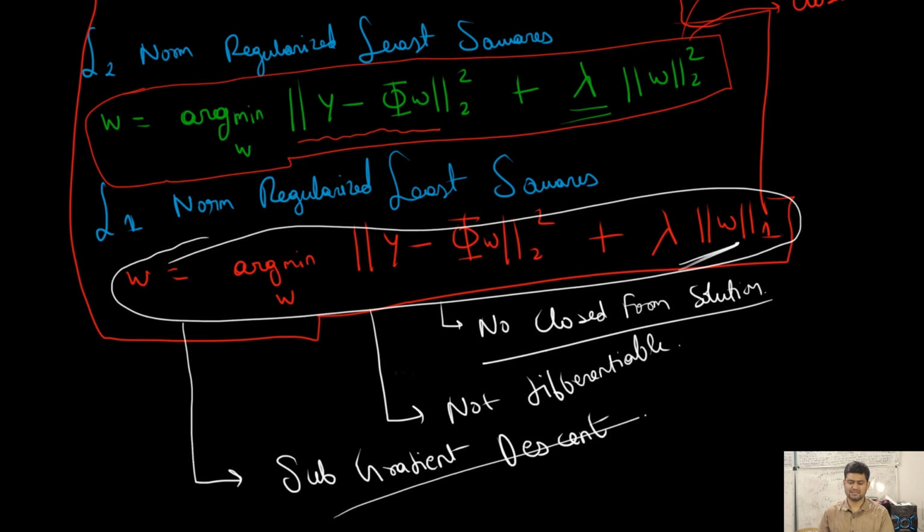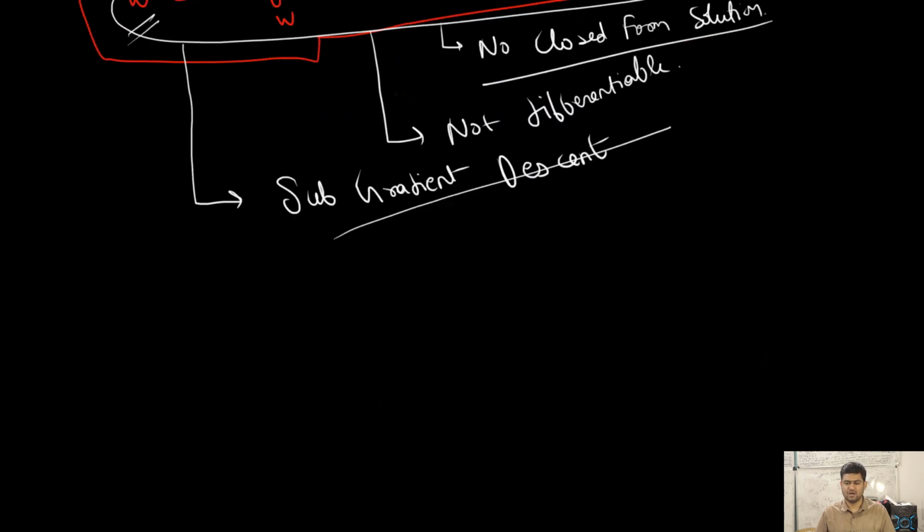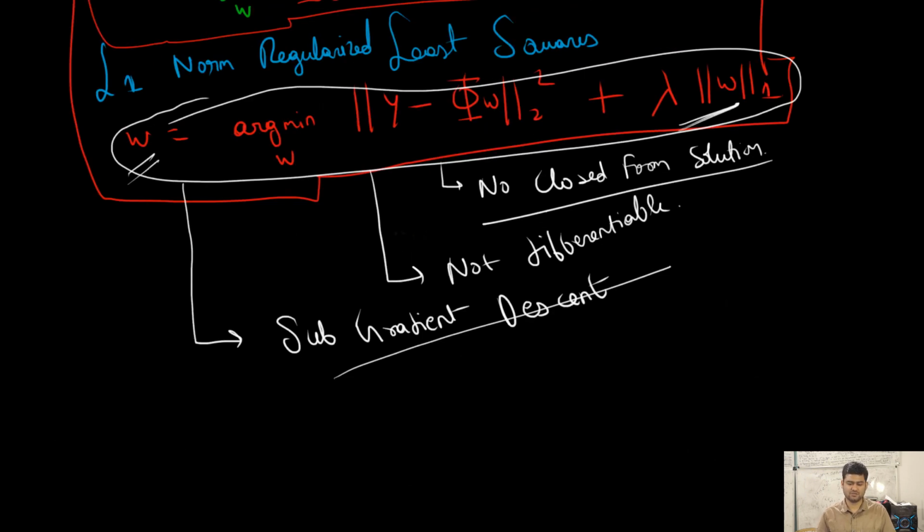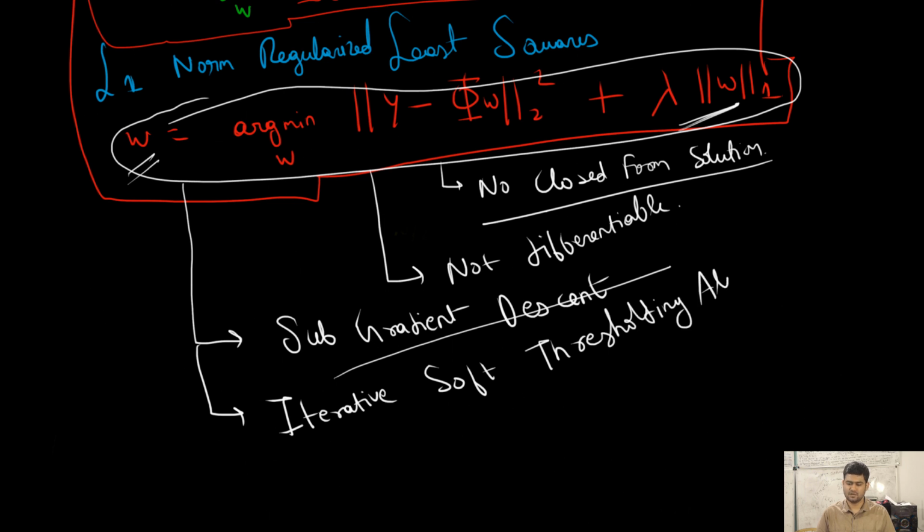But it turns out that subgradient descent in its naive form would be very slow at minimizing this loss function to obtain this value of W. And that's why we have a better algorithm, which is known as the iterative soft thresholding algorithm, also known as ISTA, I-S-T-A.